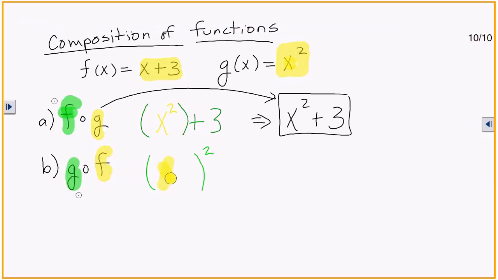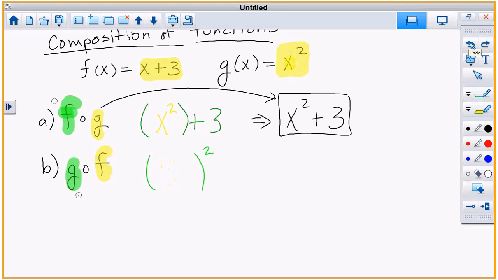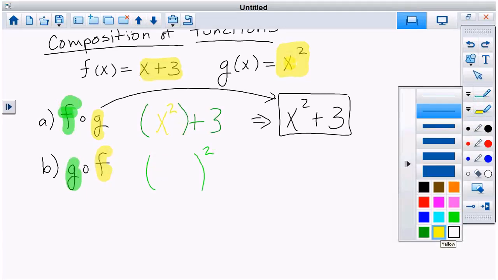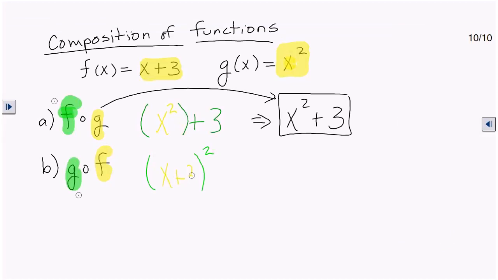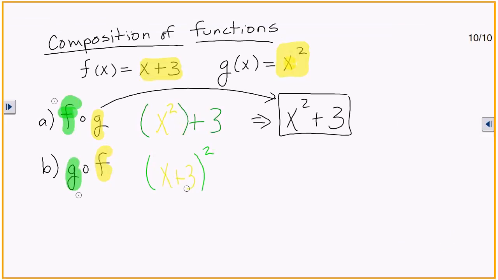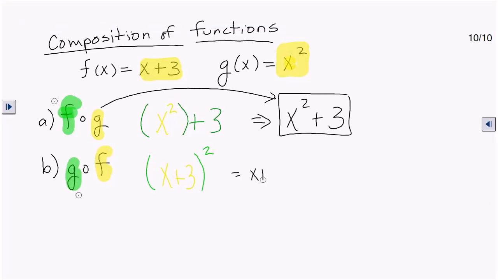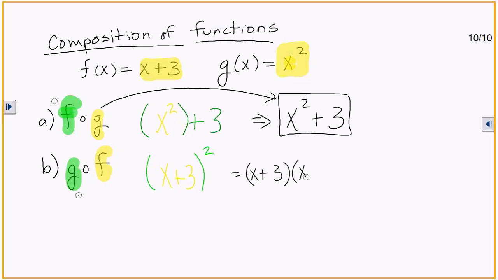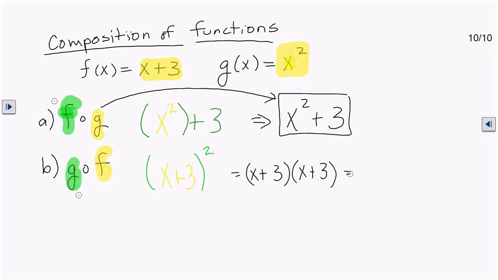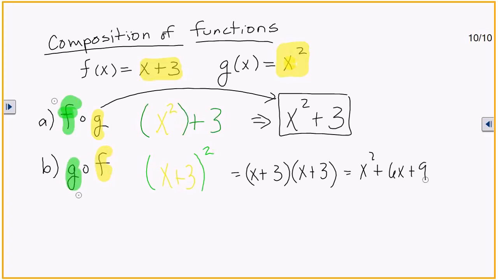Oops, excuse me. X plus 3. And now I have, and I'm just going to write it in black, x plus 3 times x plus 3, and that's going to give us x squared plus 6x plus 9. So G composed of F is that.